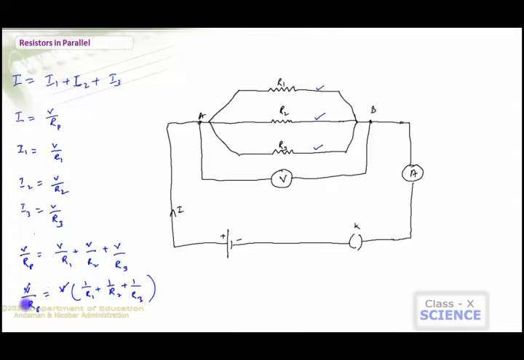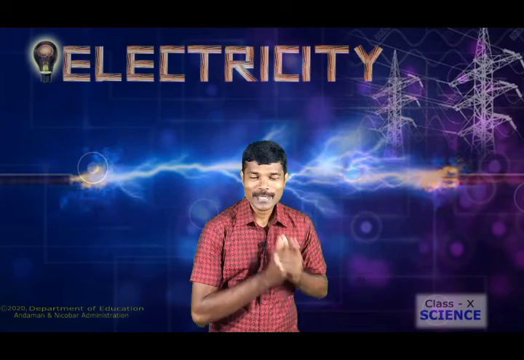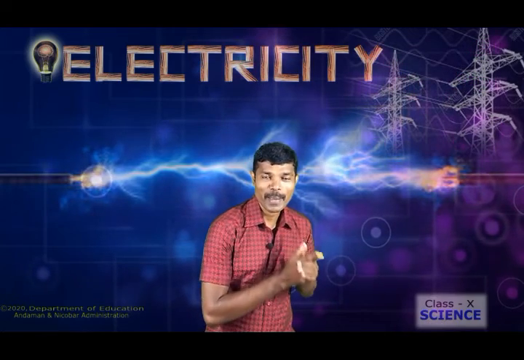So here V gets cancelled, so 1 by Rp is equal to 1 by R1 plus 1 by R2 plus 1 by R3. So when the resistors are combined in parallel, the total or equivalent resistance of the circuit can be found by using the formula 1 by Rp is equal to 1 by R1 plus 1 by R2 plus 1 by R3. Hope you understood how the resistors are connected in parallel.